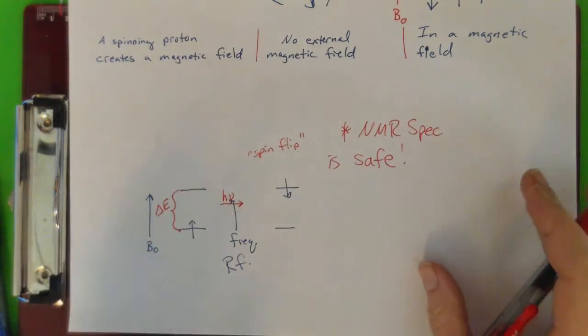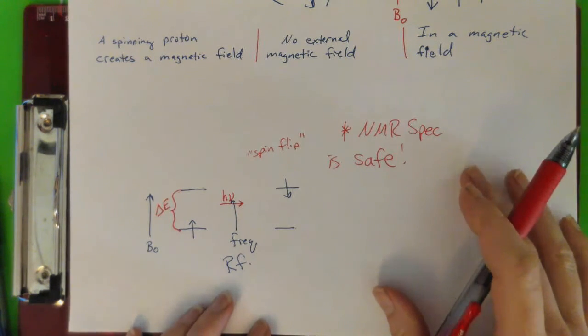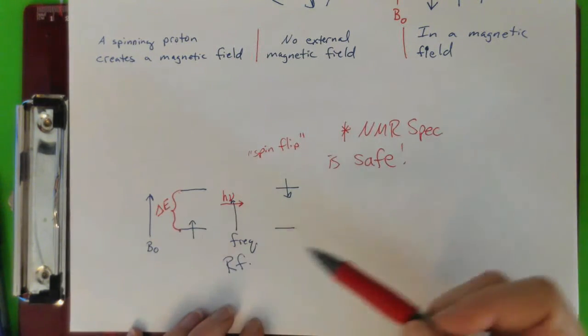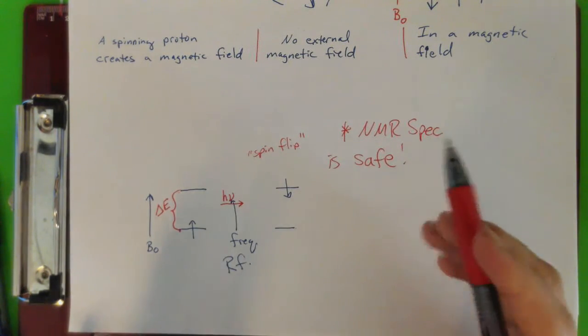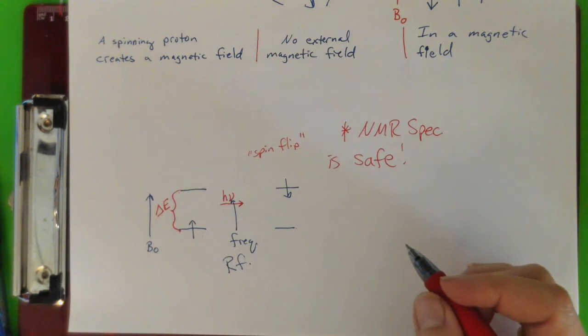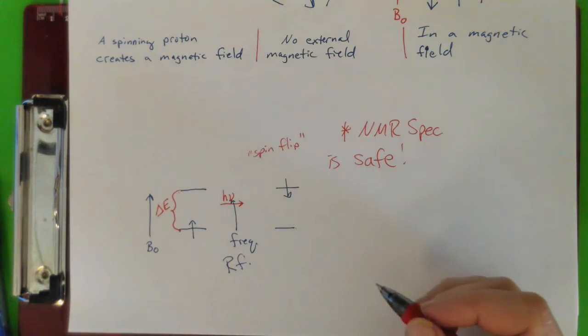Now, if all of the protons in a compound absorbed at the same frequency in a given external magnetic field, then the spectra of all compounds would consist of a single signal, and that would be super sad. Lucky for us, that's not the case.